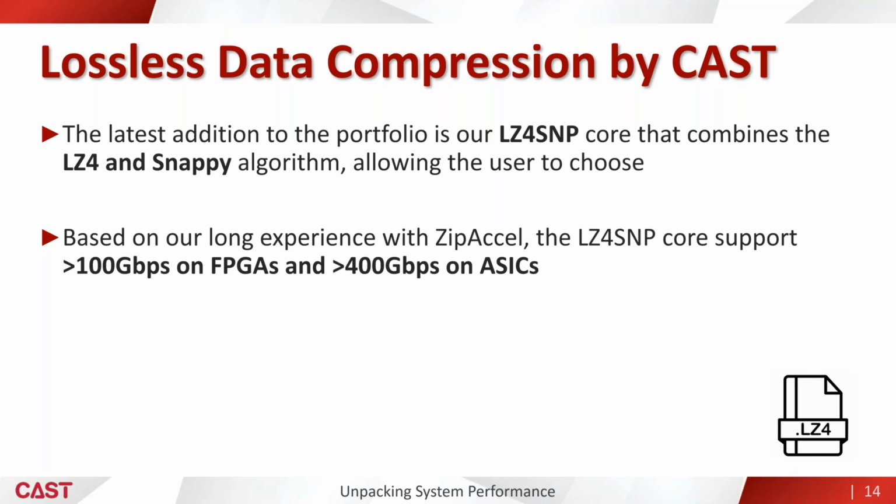These algorithms have already been introduced in the market and have already been productized with these IP cores by CAST customers. And based on our long experience with the ZIP cores, these cores as well can reach the same kind of throughputs on both FPGAs and ASICs: more than 100 gigabits per second on FPGAs, and over 400 gigabits per second on ASICs.